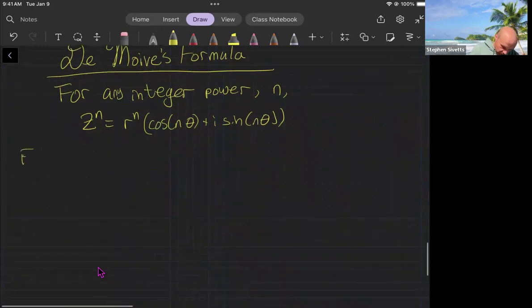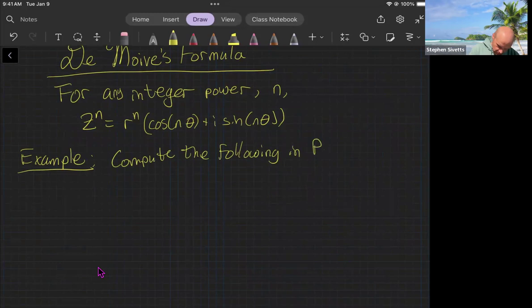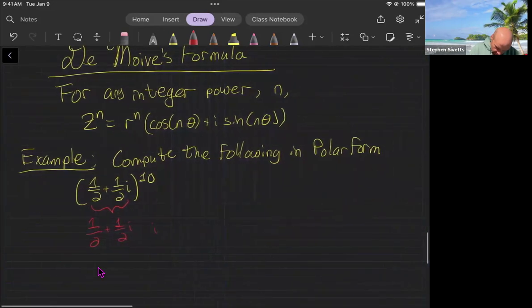Okay, so for example, if I want to compute this following number in polar form, right? Well, first, it's a lot easier to convert 1/2 plus 1/2 I into polar form, right?